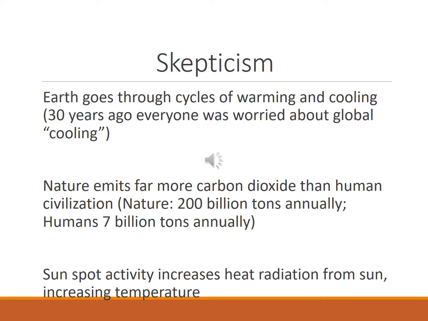Those who argue this point, in fact, like to remind people that 30 years ago, during the late 60s and 70s, everyone was terrified about global cooling because the data that was available in the first part of the 20th century showed a trend downward in global temperature, that things had actually been cooling off compared to the previous decades.